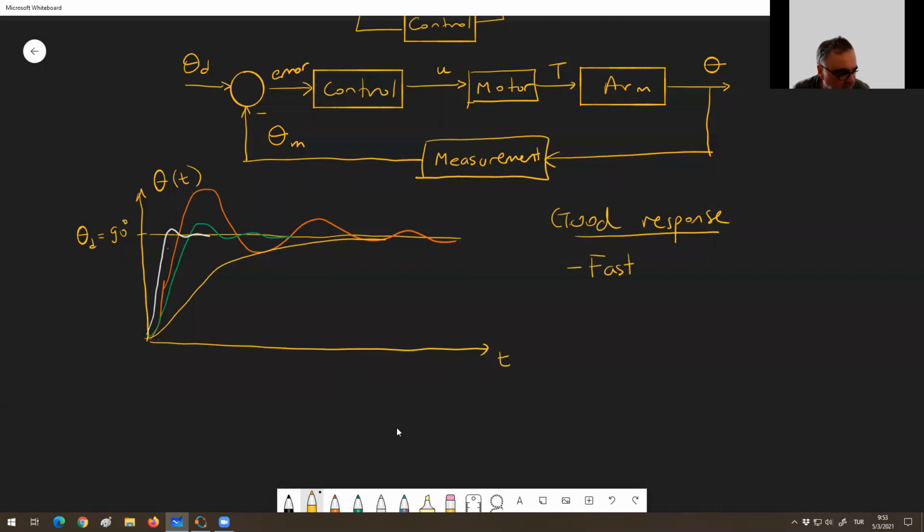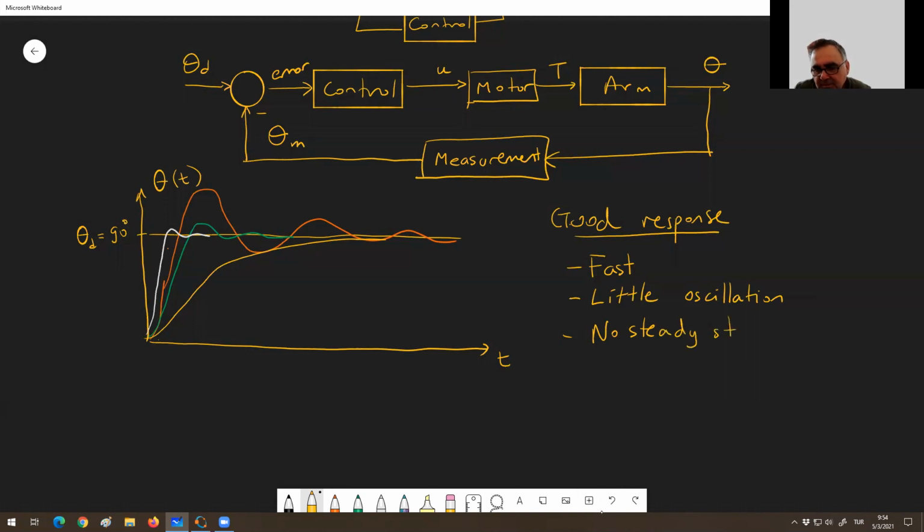As fast as possible. A slow response is not so good because it will take a long time. And if possible, we want little oscillation. Not too many oscillations. And we definitely want no steady state error.